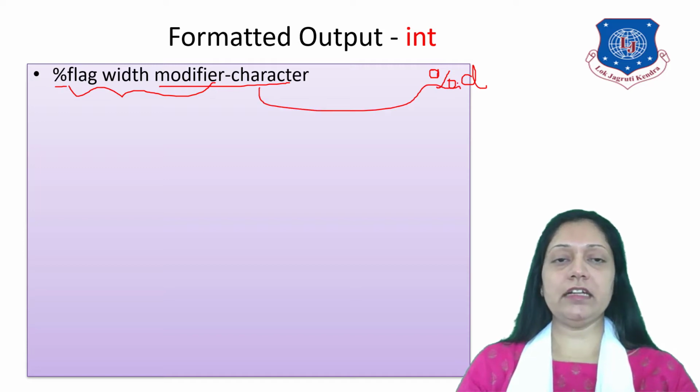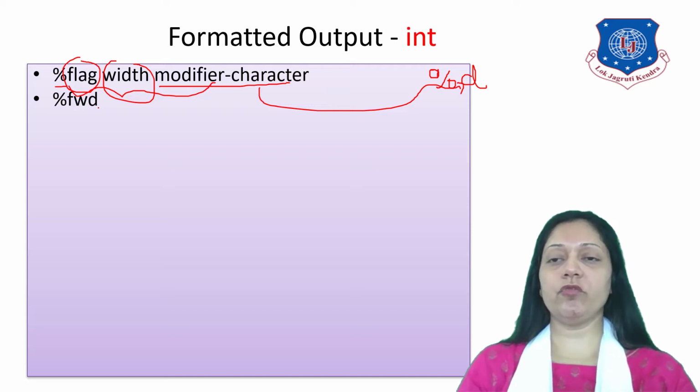The modifier character is d for integer. Flag and width are the two components that have to be added to get a specific type of output on the display. In short form, you can write %FWD: F for flag, W for width, and D for the modifier character for integer.